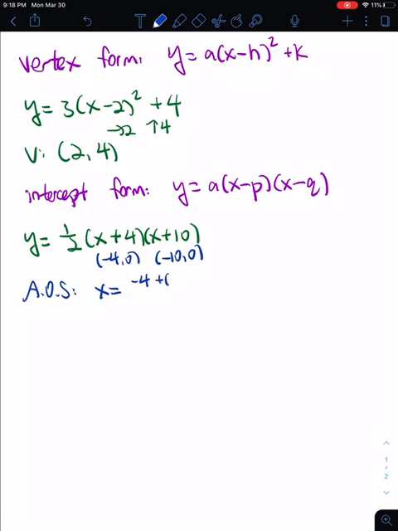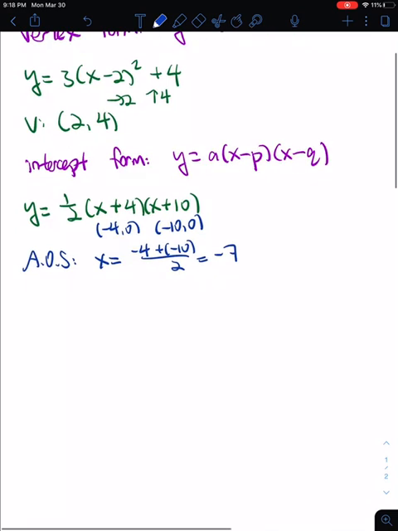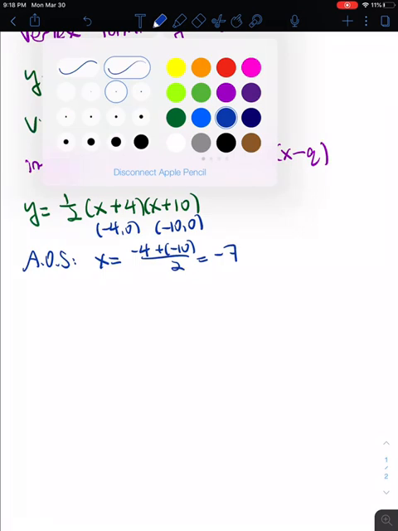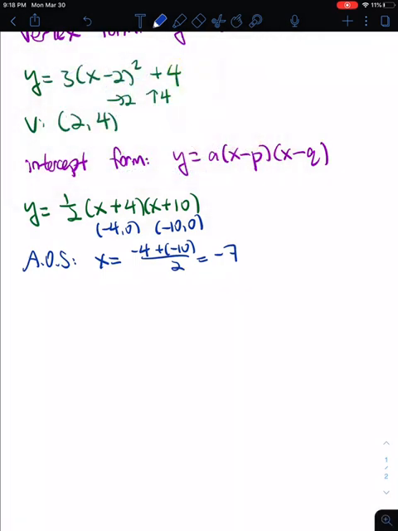So then our axis of symmetry, we would take the average of our intercepts: add them up and divide by 2, and we get x equals -7. So that will give the x value of the vertex. And to find the y value, we simply plug our x into the equation up here.